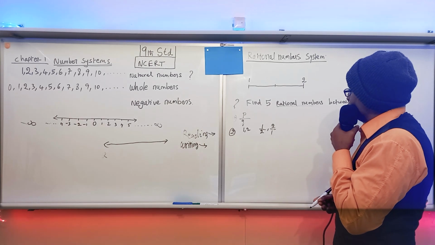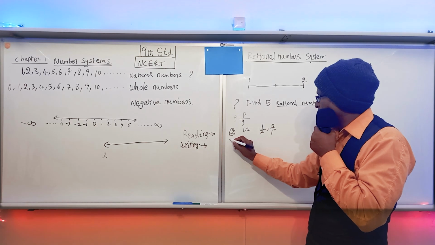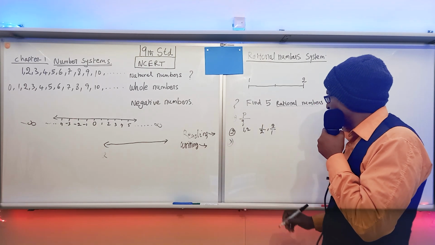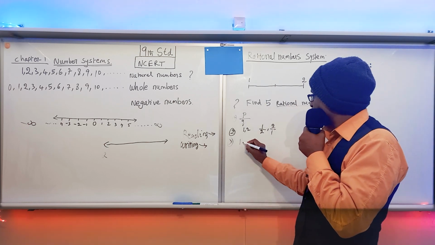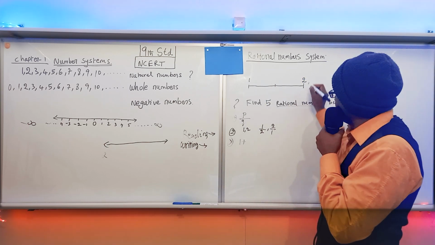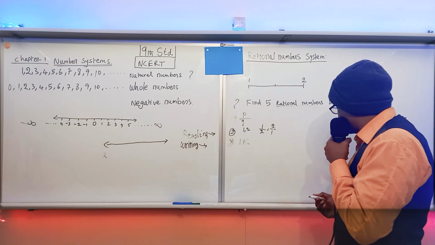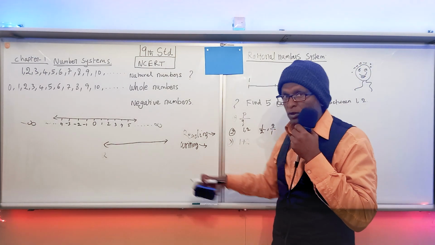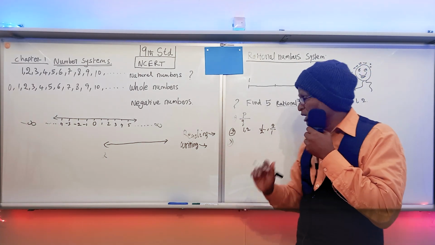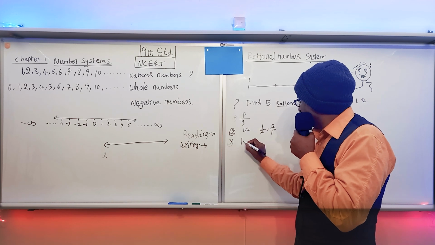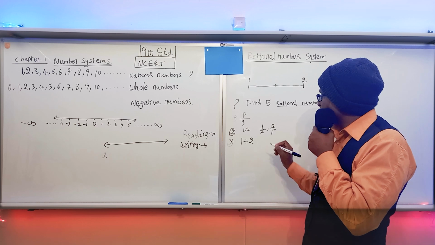So what we can do, there's a small method, technique, which is an easy one. You take the given number 1 plus the given number 2. These are the boundaries, they call it in English. Anyway, you write down like this, 1 plus 2, and then you take the average.